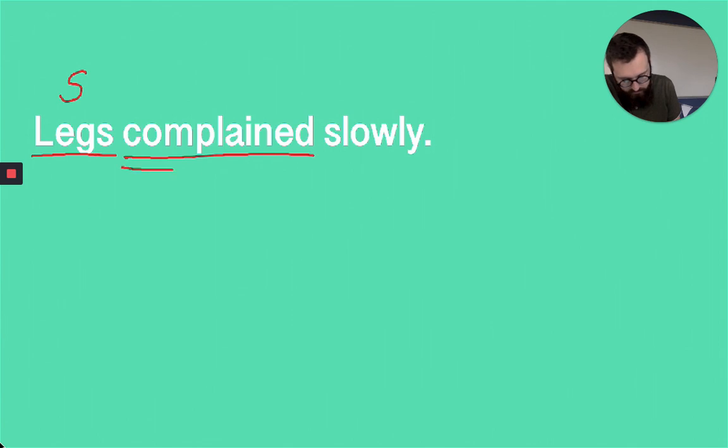Complained tells me what the subject did, or it tells me about the subject. So that is my predicate, and complained is a verb. So I'm going to do a capital PV over the top. There are no linking verbs because predicate verbs don't need them, and there are no helping verbs in the sentence. So now I can go through my modifiers. Start at the end of the sentence.